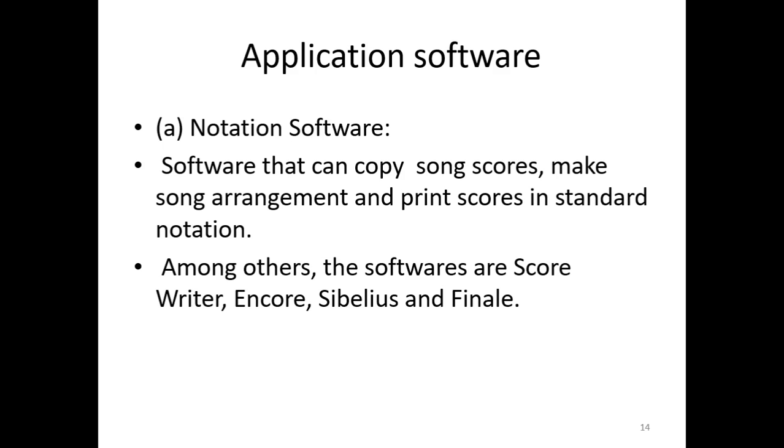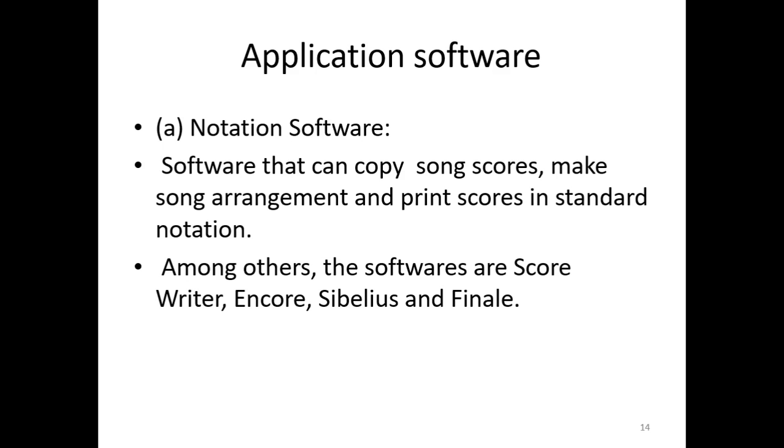Number A is notation software. What can it do? This software can copy song scores, make song arrangements, and print scores in standard notation. Among others, the softwares are Score Writer, Encore, Sibelius, and Finale. So why do we need this?